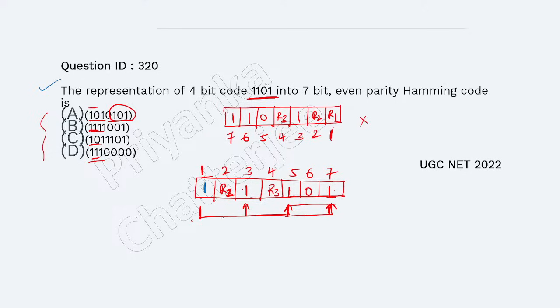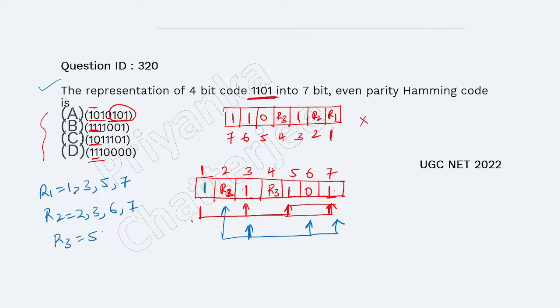Then R2 is 2 3 6 7. R1 was 1 3 5 7. R2 will be 2 3 6 7. R3 will be 4 5 6 7.